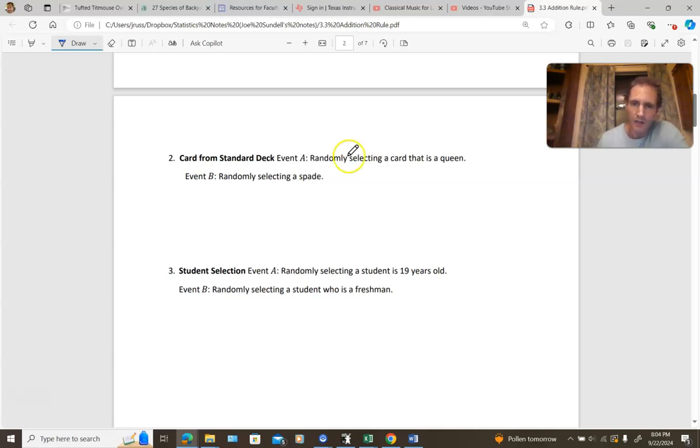Because that card exists, both of these events could occur, so these are not mutually exclusive. You could select one card and it be both a queen and a spade, because remember, there are 4 queens, and each queen has its own suit, be it a heart, a spade, a diamond, or a club.